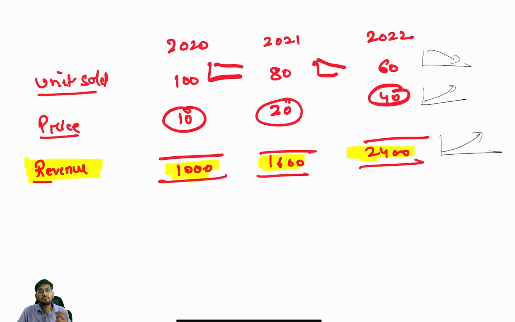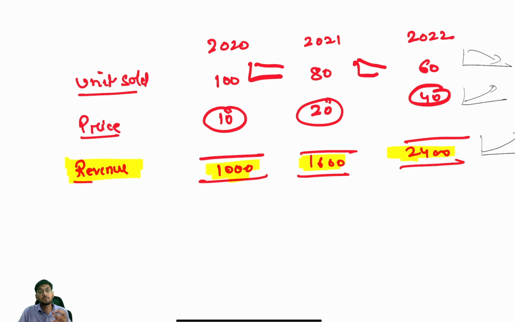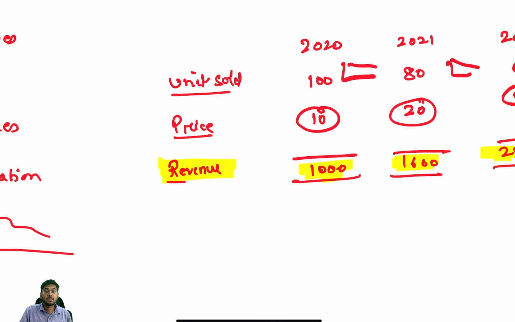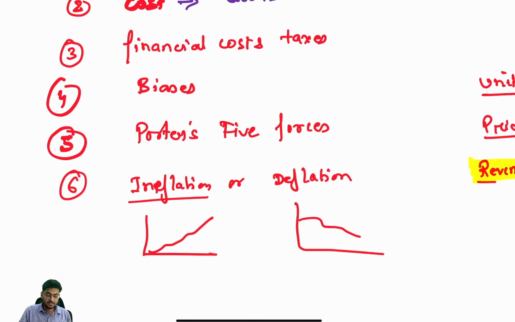Clear? So that's why we need to consider inflation and deflation during our financial modeling. So I'll adjust my forecast when the input cost will rise or fall due to inflation and deflation. This can impact my sales as well as my raw material cost. Clear?